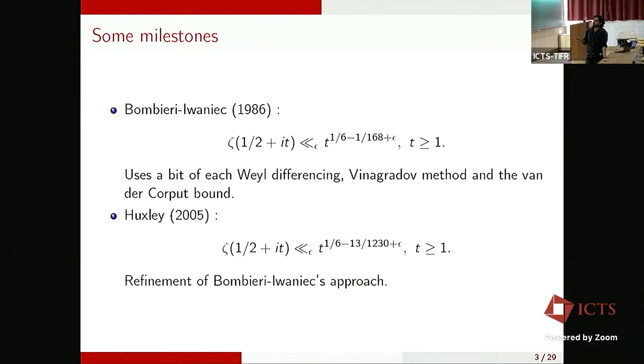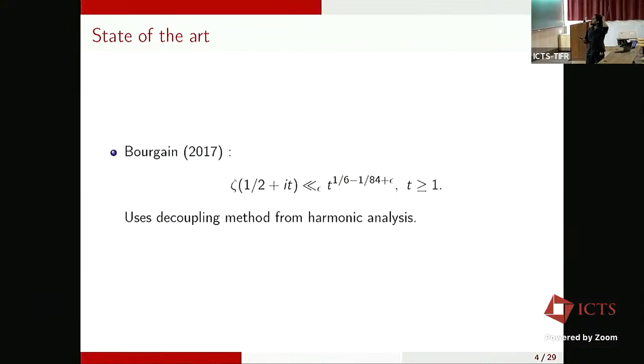This was subsequently improved by Huxley, who did some refinement to their arguments and arrived at a better exponent, which is bigger than this. These are all examples of what is known as subconvexity bounds.